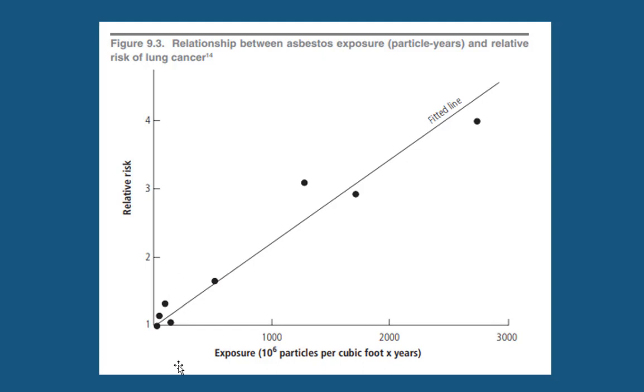So, exposure, particles per cubic foot by years. If there are very low levels of exposure, as measured in particles per cubic foot by years, then the relative risk of lung cancer is very low. But as that exposure increases, then we see an increased risk over time.